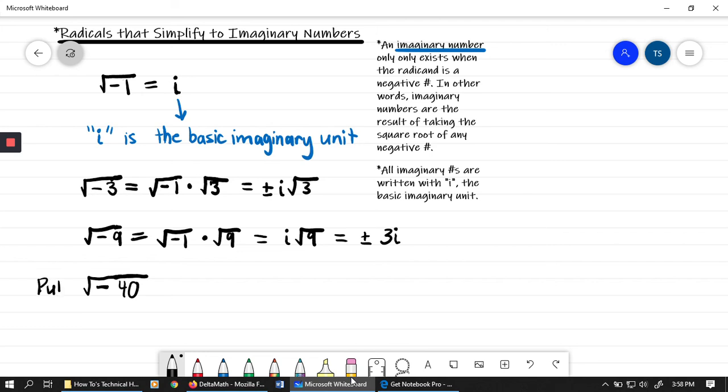Again, you may be expected to write imaginary numbers in simplest radical form as well.